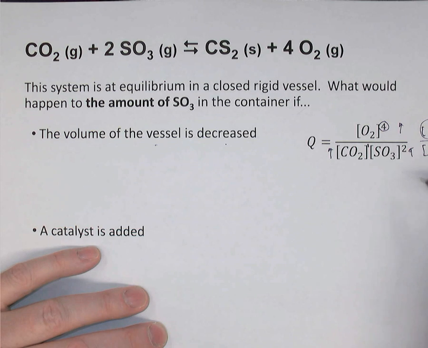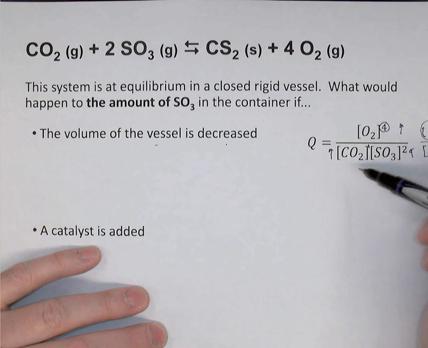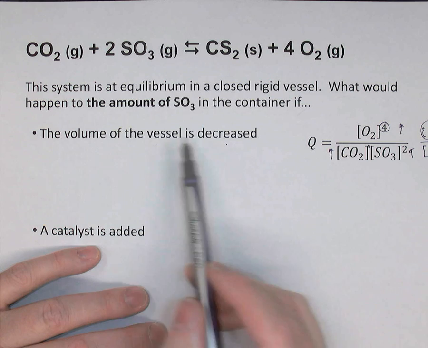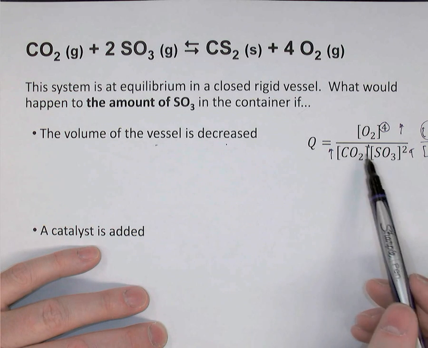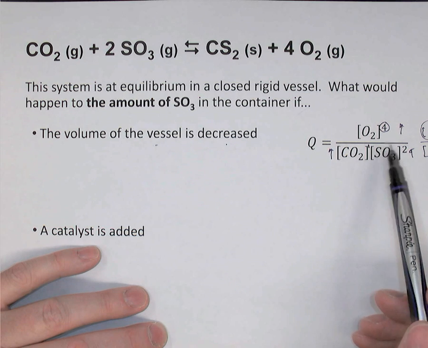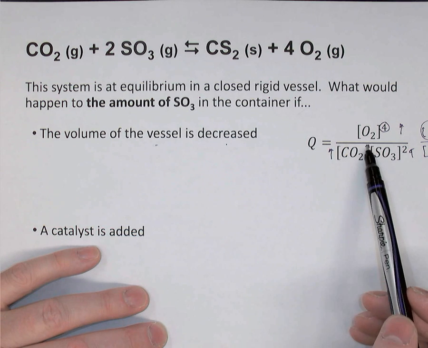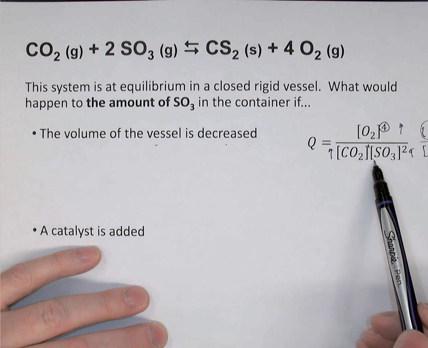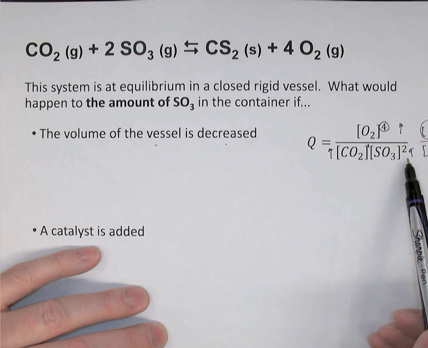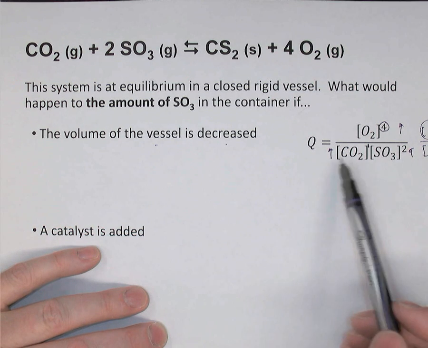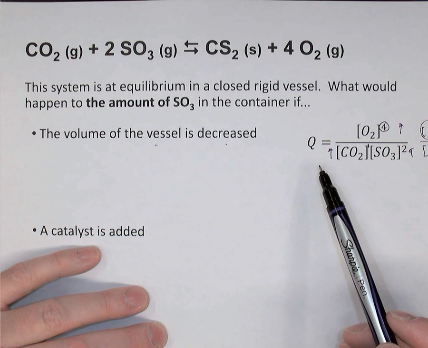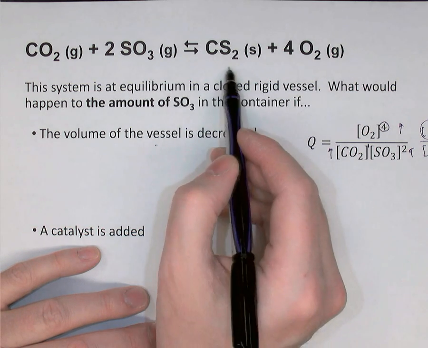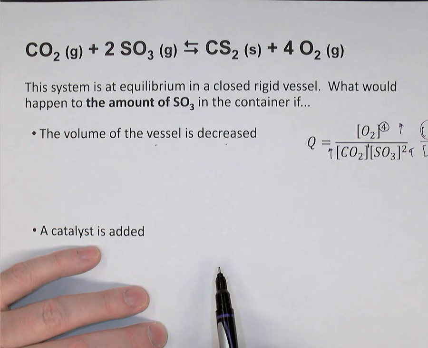So for this question, we would say, lowering the volume raises all the concentrations. They all increase, all these gases increase, but the numerator in the Q will increase more than the denominator because it's 4th order versus 3rd order. Therefore, Q gets larger, therefore Q is bigger than Kc, and that will create a reverse shift.